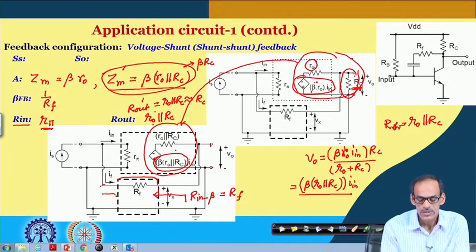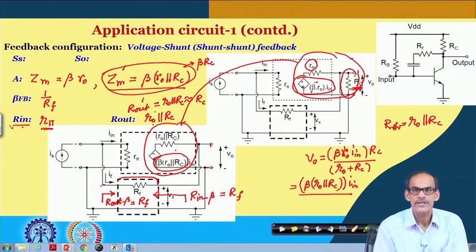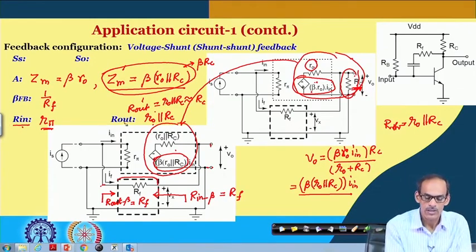Likewise, if I consider the output port, the output resistance of the feedback network R out beta, which is driven by a good voltage source, then in ideal condition this is also R f.